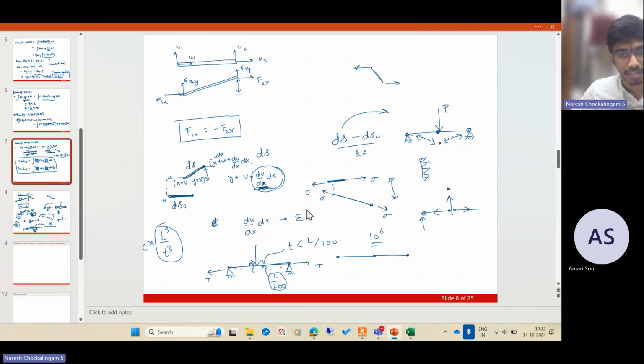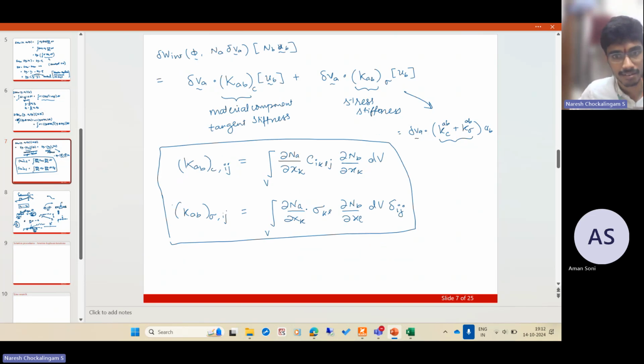So when you consider nonlinearities, one factor is equilibrium in the deformed configuration. And the second factor is the displacements. This is for a bar.